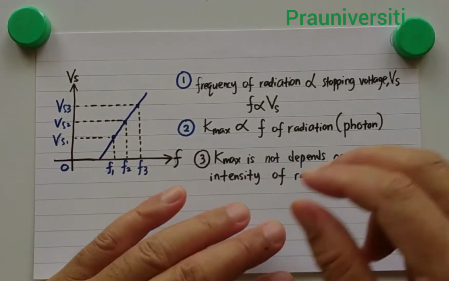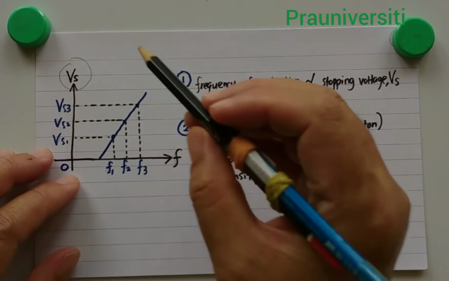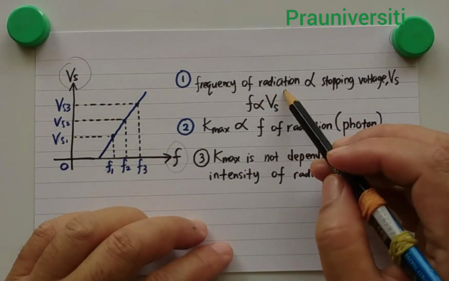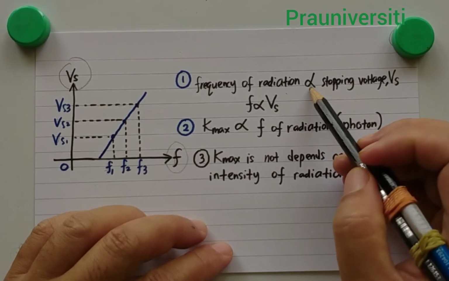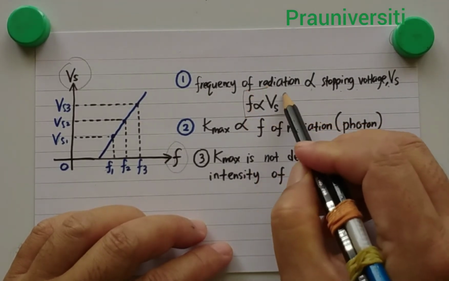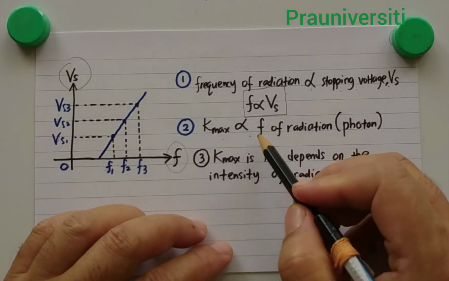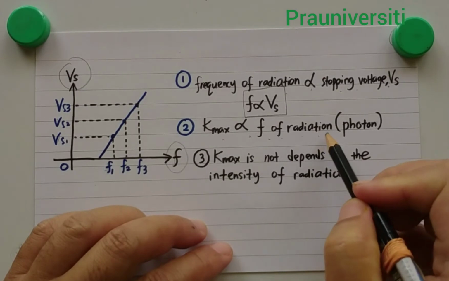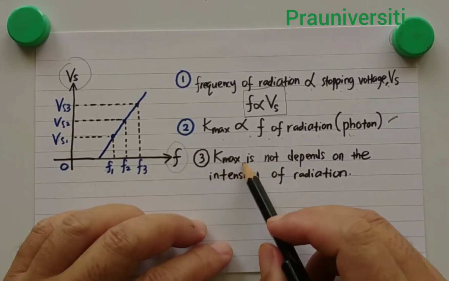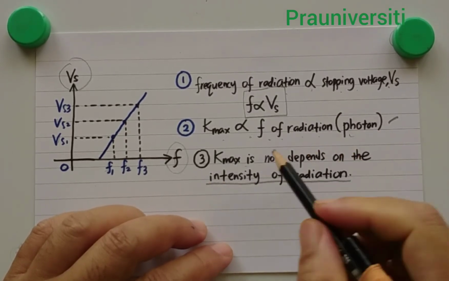So we plot the graph for the stopping voltage Vs against the frequency. The frequency of radiation is directly proportional to the stopping voltage. K maximum is directly proportional to the frequency of the radiation photon, and K maximum does not depend on the intensity of radiation.